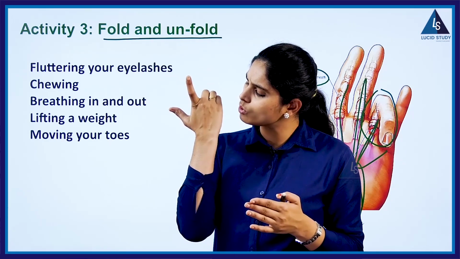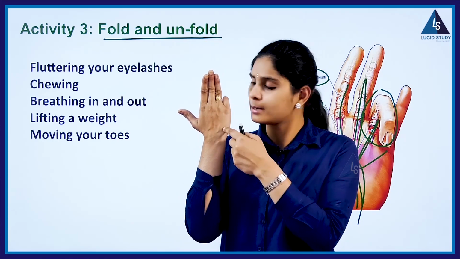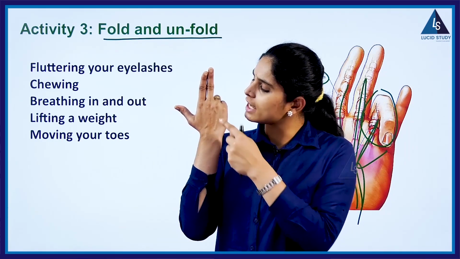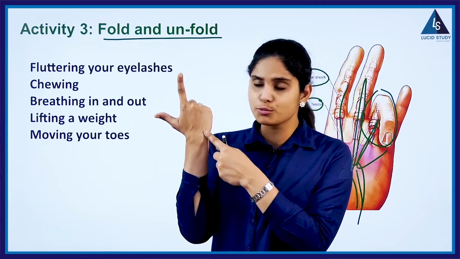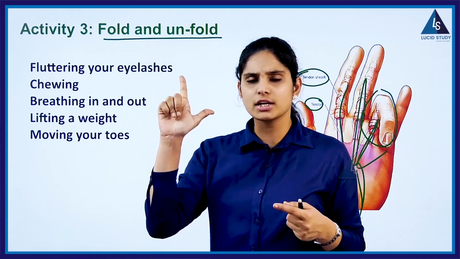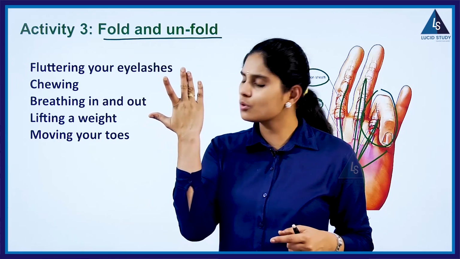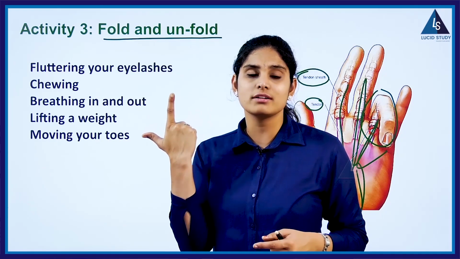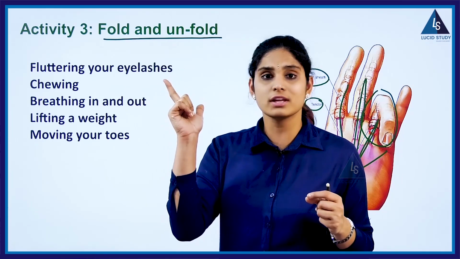Yes, something is moving over here. If I am folding this finger, something is moving here. When I am folding this finger, something moved over here. Likewise the next finger, something moved. So likewise, just try to observe. Now, did you find any difference that something is moving?